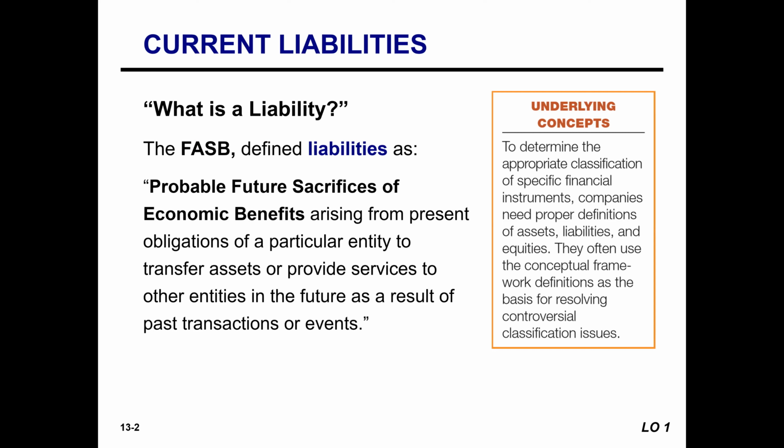But probable future sacrifice of economic benefits arising from present obligations of a particular entity to transfer assets or provide services to other entities in the future as a result of past transactions or events.